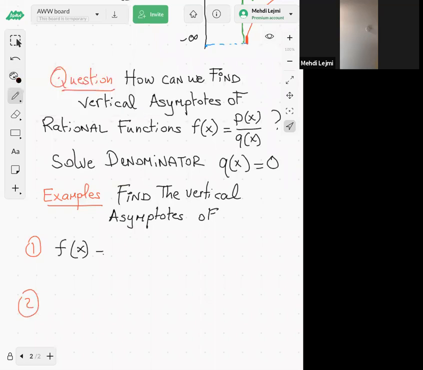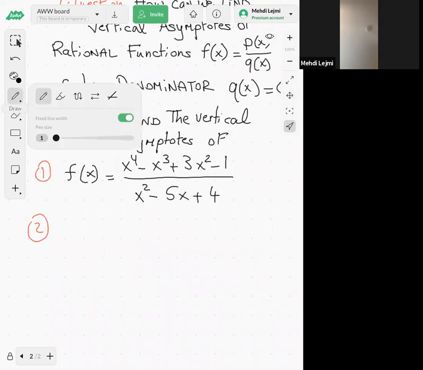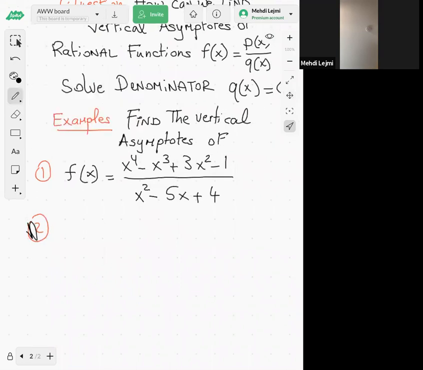Let's say f of x is x to the fourth minus x cubed plus 3x squared minus 1, over x squared minus 5x plus 4. Okay, that's the first example.